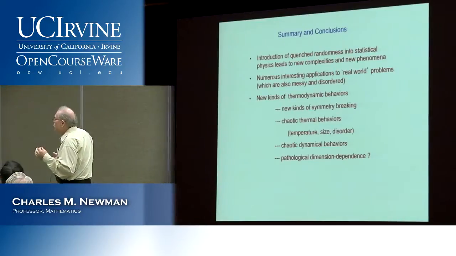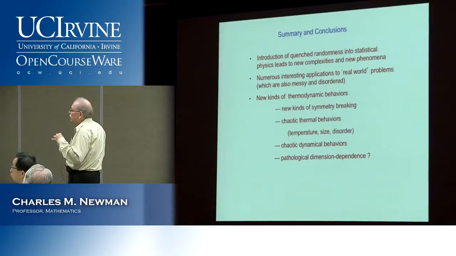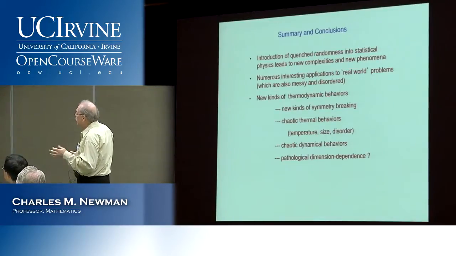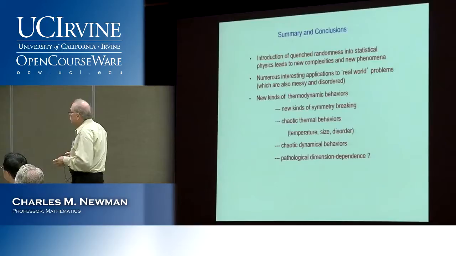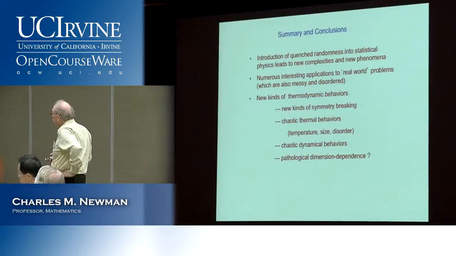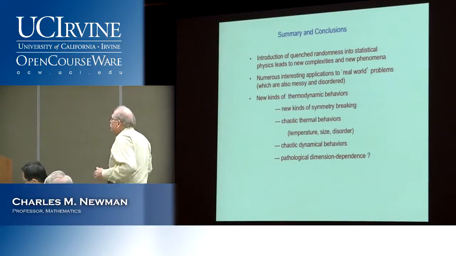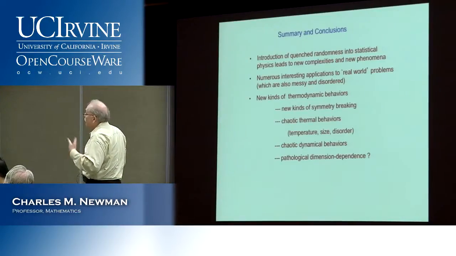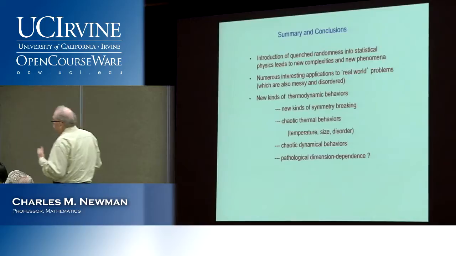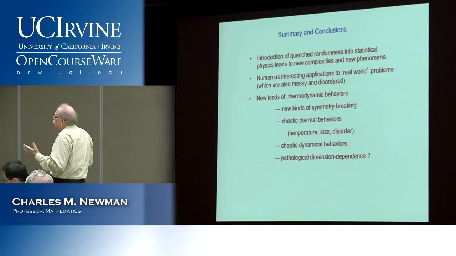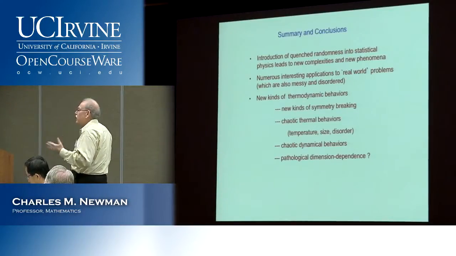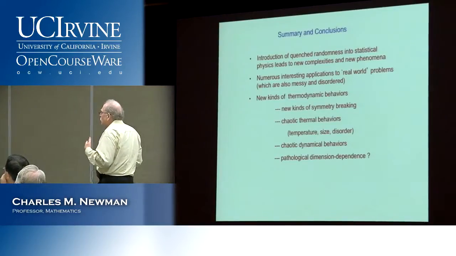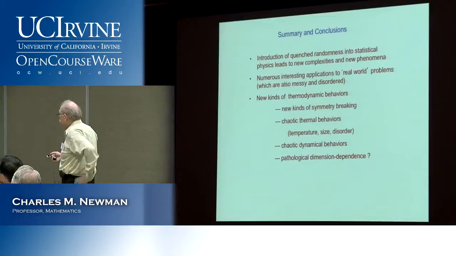And they seem to be quite different in spin glass and other disordered systems than they are in the classical context. So these are some of the potential uses of spin glass ideas, and it's something which is actually pretty much in its infancy, I would say, and I think it will be very interesting to see how things develop.